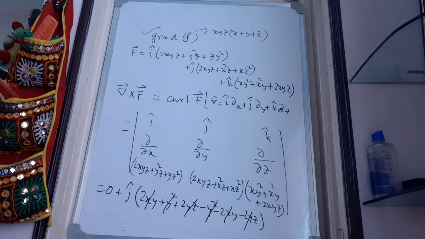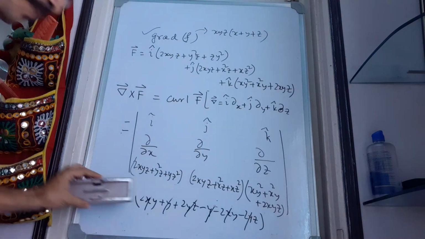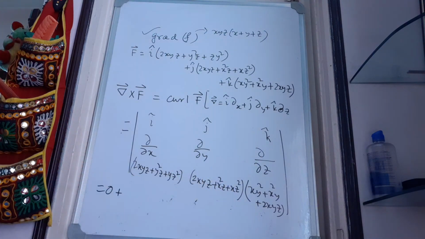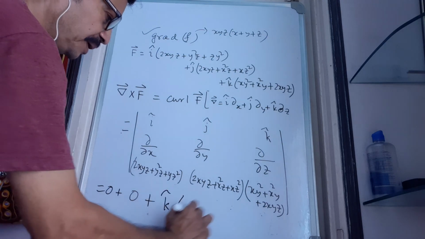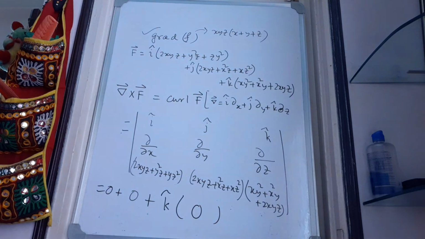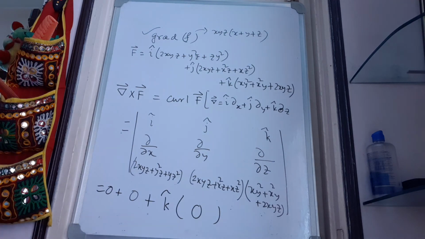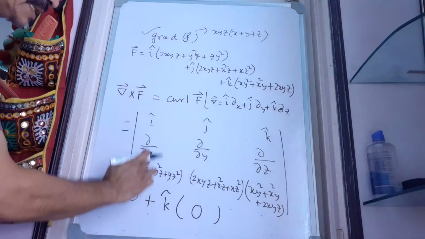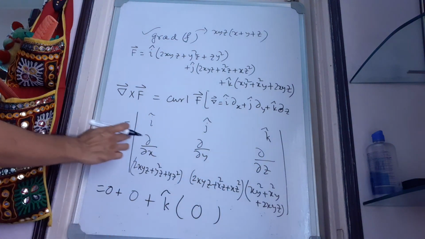And it is apparent, from the symmetry, that the k component will also have 0 value. I claim that k cap will be 0 because of symmetry and nothing else. You can check it out, because for the k cap component you skip this and this. So, del/del x of this minus del/del y of this is obviously 0.